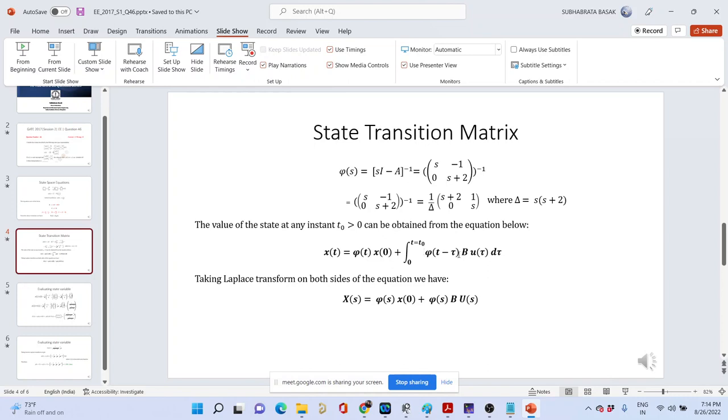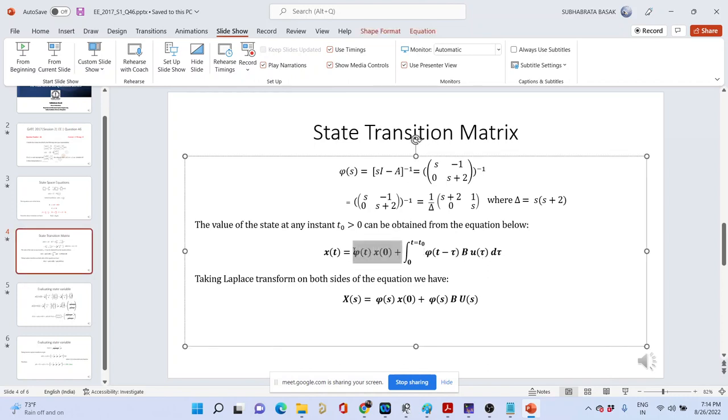So this term is associated with the initial condition of the system, and this term over here is associated with the input that you are giving. This is the convolution of phi(t) and the input. You understand what I am trying to say? Yes, the first term is because of the initial condition and the second one is because of the input.